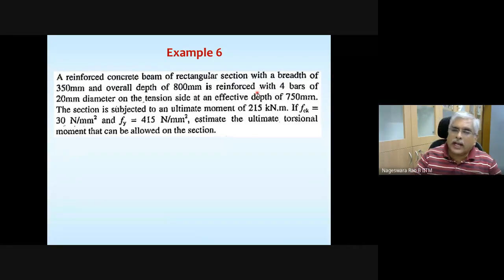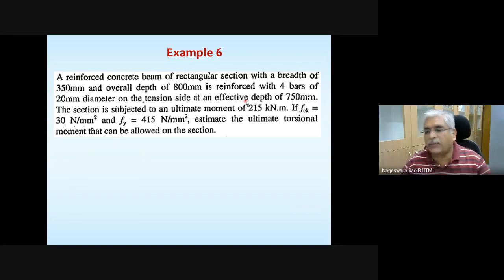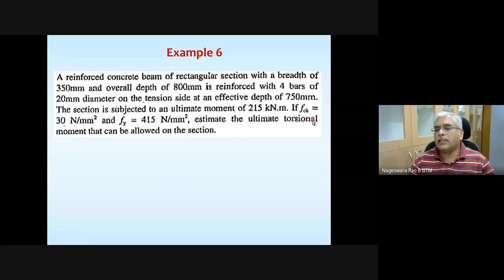And out of that, it's subjected to some ultimate moment of 215 kilonewton meter. You can assume this to be the bending moment due to transverse load. So from the total capacity of the section, deducting this, whatever is left out, that can be considered as torsional moment that can be applied on this section.